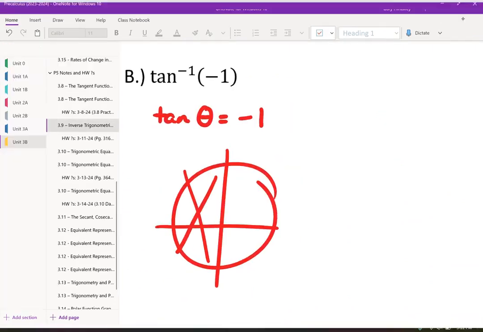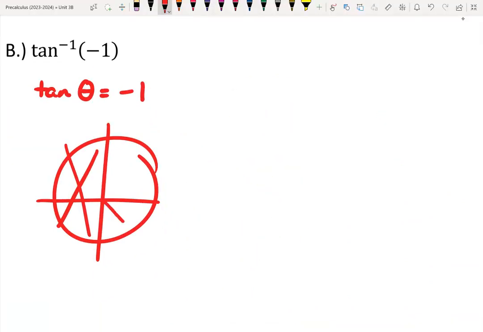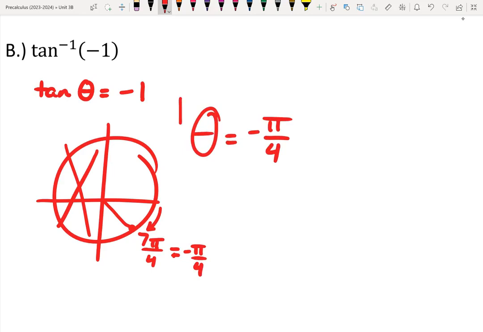So let's go ahead and go back to this problem. So we're down here at 7 pi over 4, but like we've said before, we want this measured as a negative angle. So we'd have to say that that is negative pi over 4. So our answer theta would be negative pi over 4. And that would be our answer for that problem.